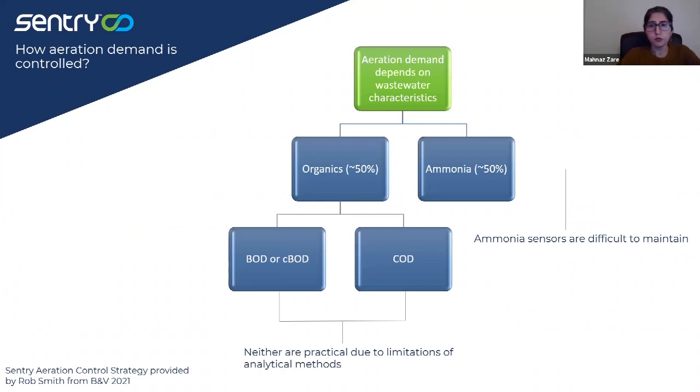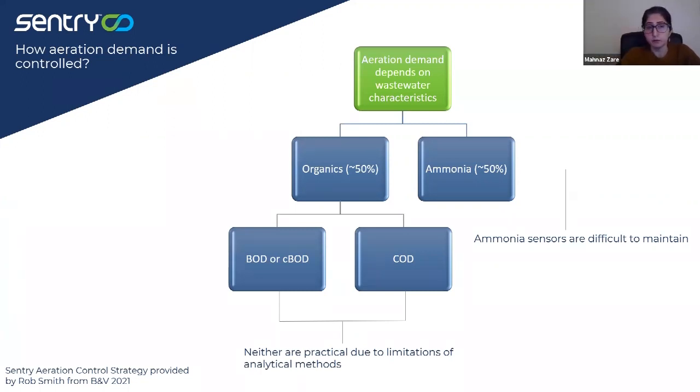But how do we control aeration demand? Aeration demand depends on the characteristics of wastewater, such as organics and ammonia. Each of these steps needs 50% of the energy.